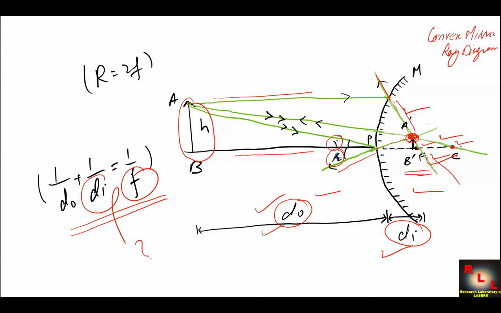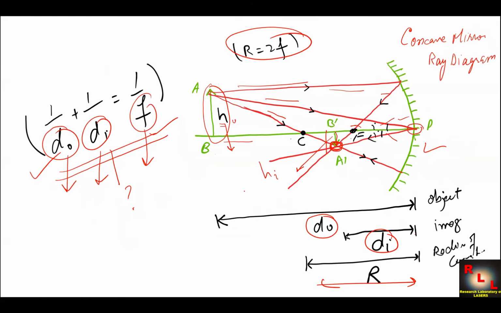In the case of the previous slide, the object and the image are on the same side. So it means the image is real here, but it's inverted, exactly opposite to the object. This is for a concave mirror.